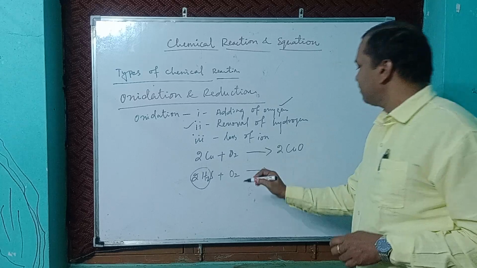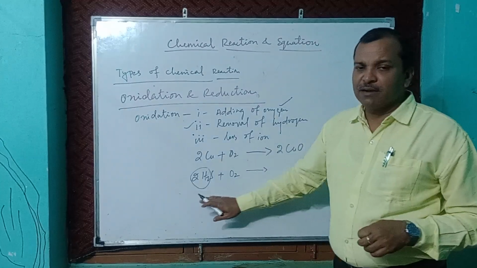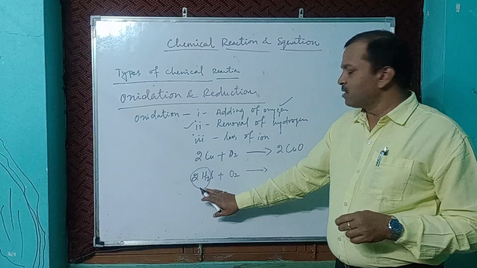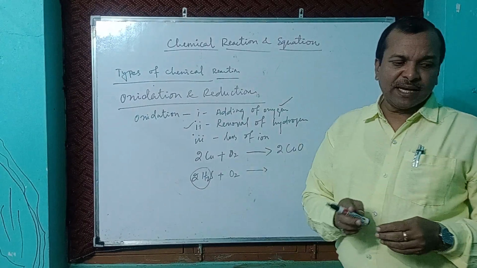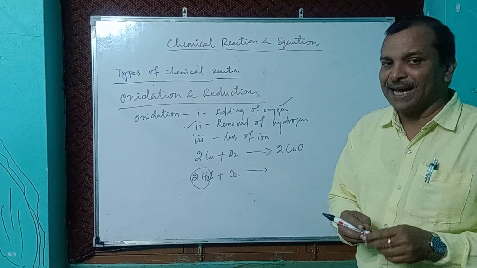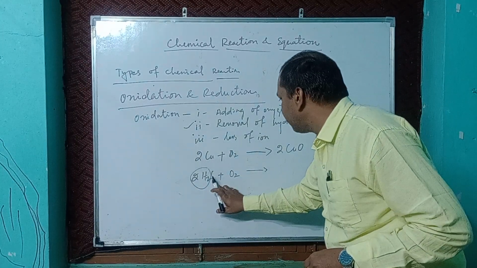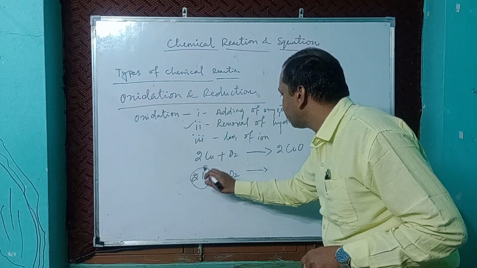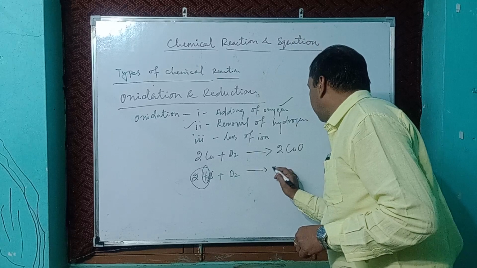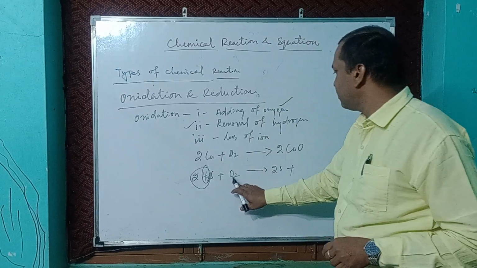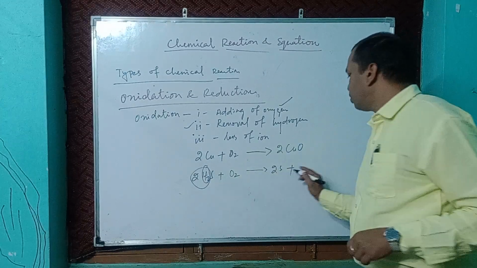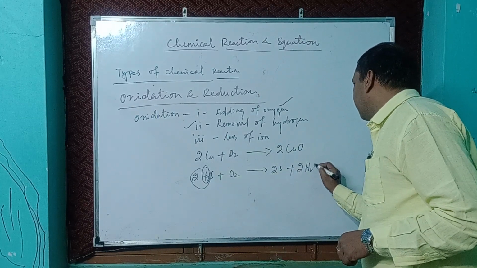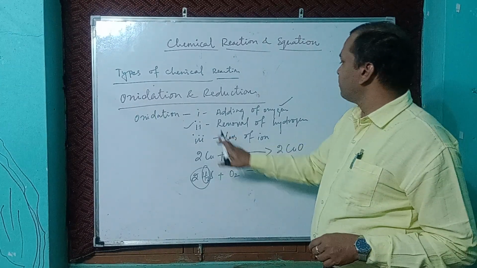When oxygen is added to 2H2S, hydrogen is removed, and we are getting 2S. H2 is removed, and what is left here is 2S. And here O2 plus H2 gives 2H2O. It is removal of hydrogen.